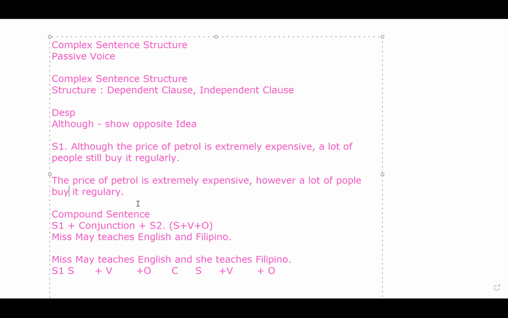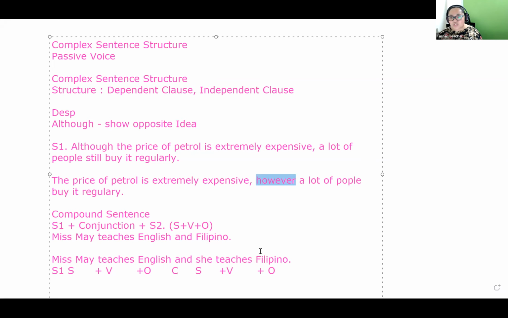Both compound and complex are two sentences, but compound has an 'and'. Something will connect between those sentences, a conjunction. However is a conjunction, which means but, isn't it? Yeah.